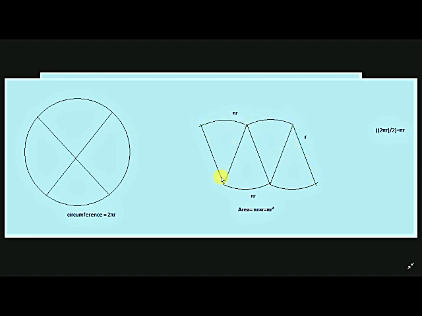So if we consider this figure as a rectangle, we can define its area, pi r into r, equal to pi r square.